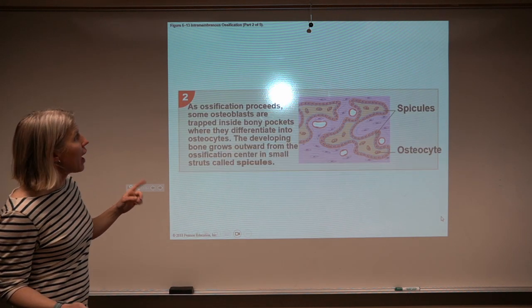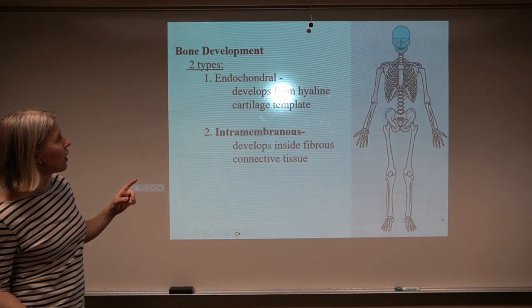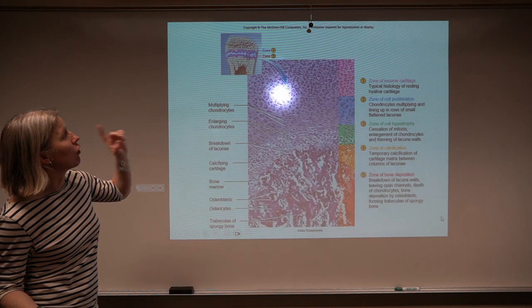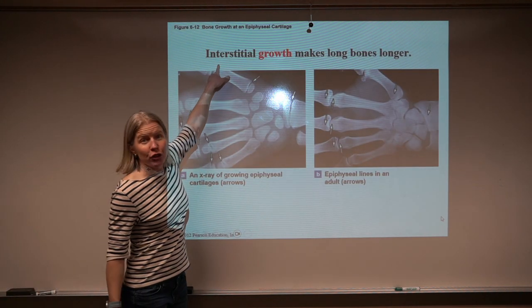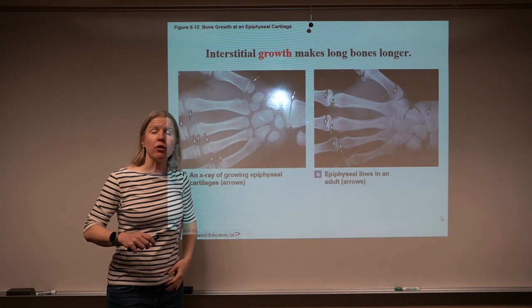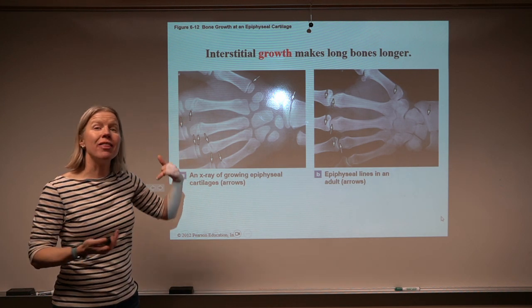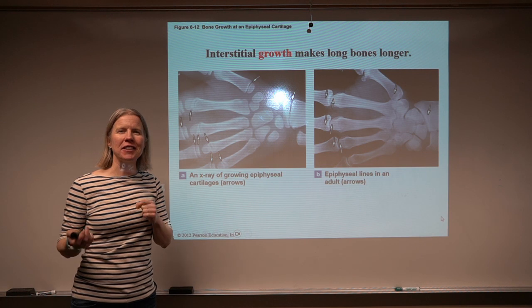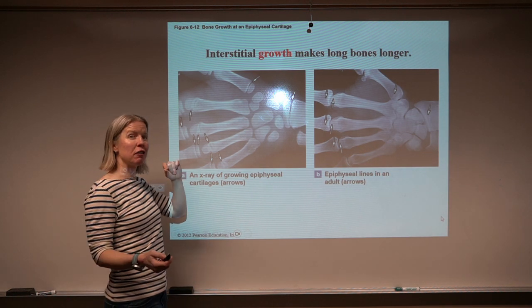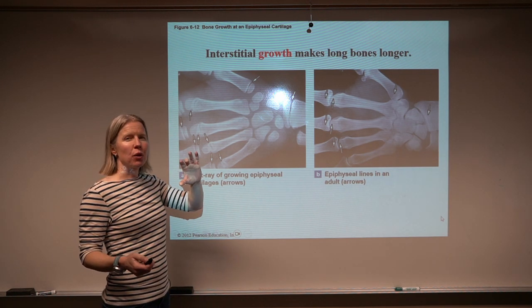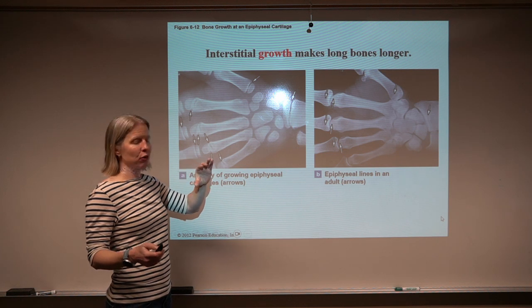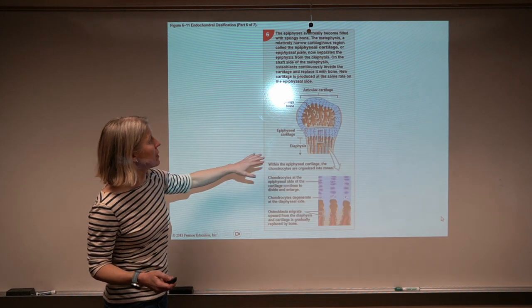Okay, so then let's make sure we talk a little bit about growth. Interstitial versus appositional. So interstitial growth is making the bones longer, and this is occurring at those epiphyseal lines, at the cartilage that remained once that endochondral ossification was basically done, right?